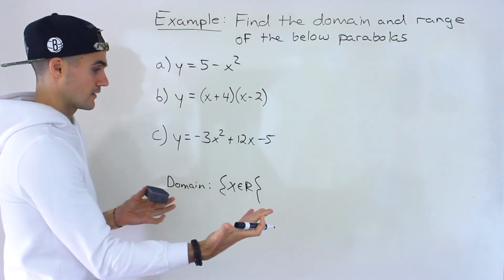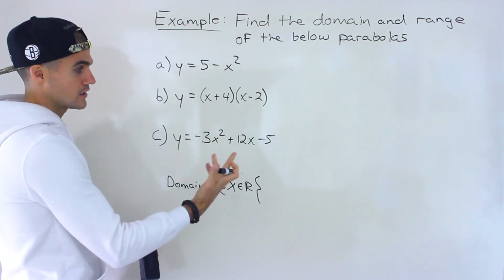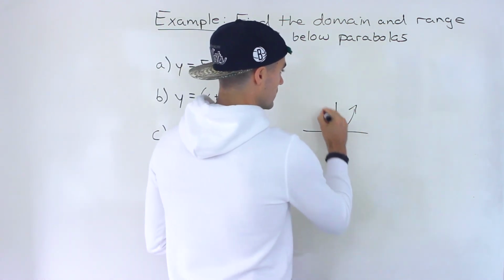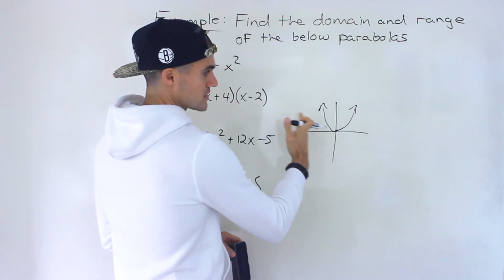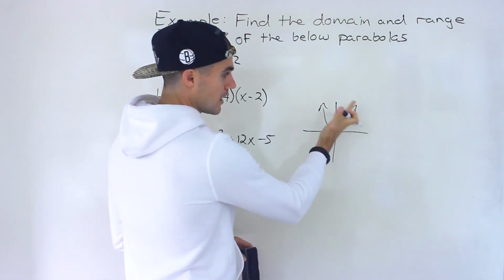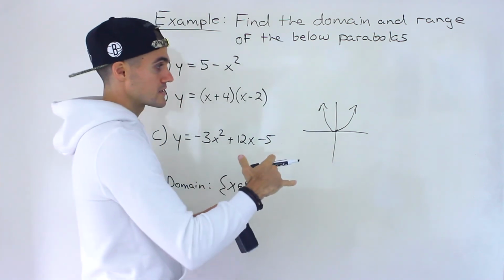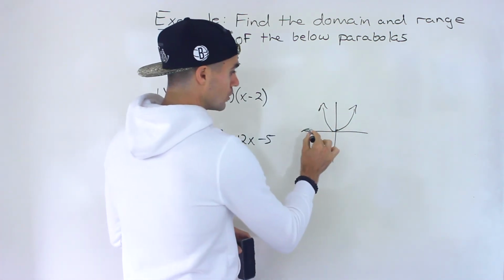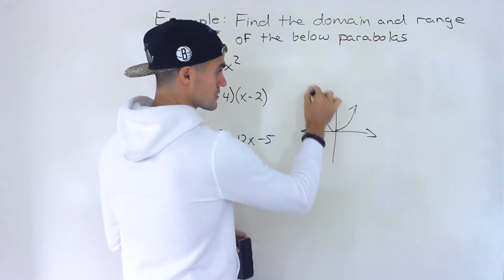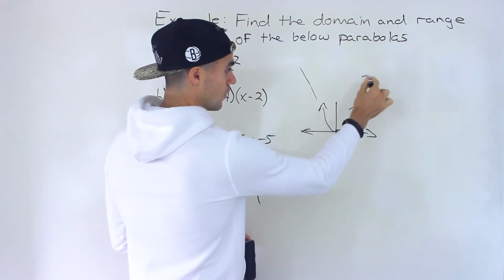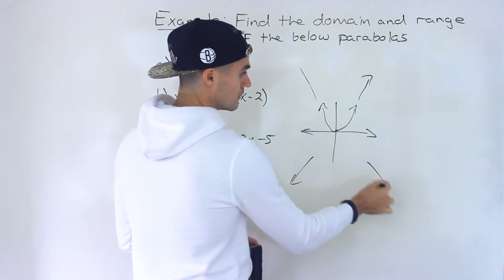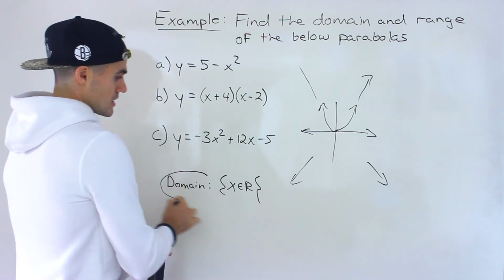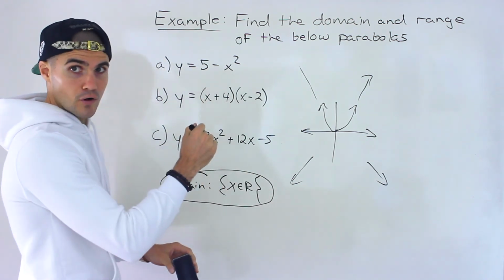It could be any x value, because if you take the parent function x squared, no matter how you transform it, whether you shift it left, right, up, down, stretch it, compress it, or flip it, it's always going to cover all of the x values, because it's going to keep going this way, or if it's facing down, it's going to keep going that way. So the domain of any parabola is always x ∈ ℝ, and that's the domain for all three of these.